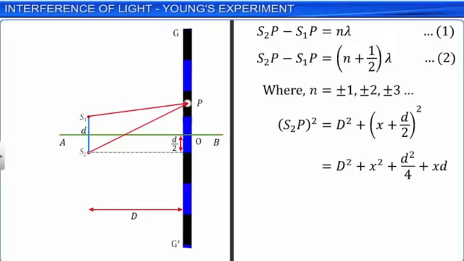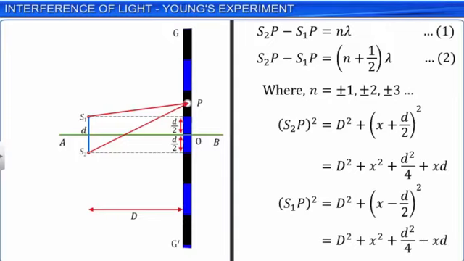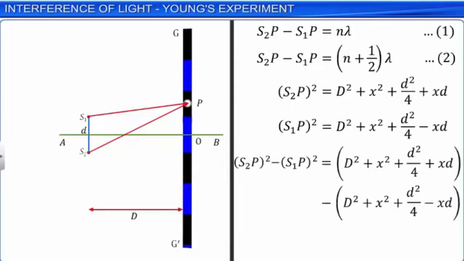Similarly, S1P squared is equal to D squared plus (x minus d by 2) whole squared. This is equal to D squared plus x squared plus d squared by 4 minus xd. Therefore, S2P squared minus S1P squared is equal to 2xd.